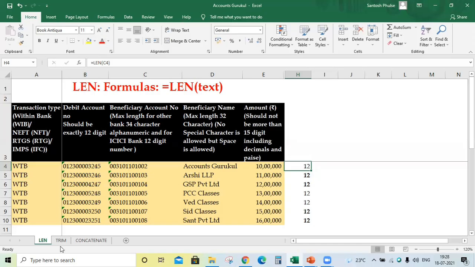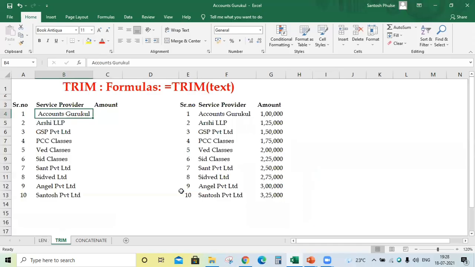Now coming to the next one, that's the trim formula. Why we have to use the trim formula and how we have to use it is very essential, and it's going to be used by all accounting and finance teams.